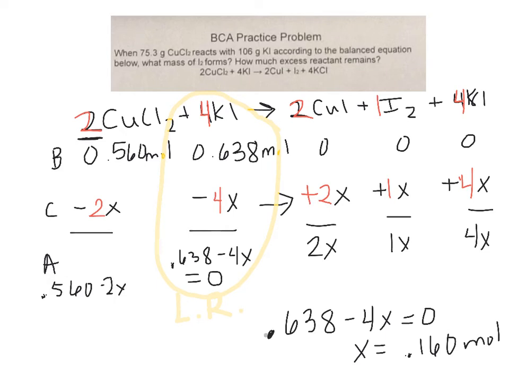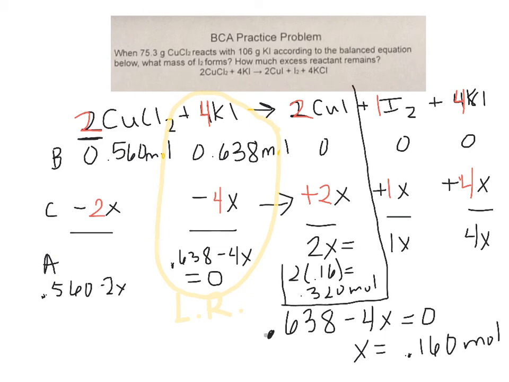All right, so now I have what x is, and from here things get pretty easy. You're going to take that x and put it in everywhere. So, for example, my copper iodide, 2x, multiply 2 times 0.16, and you're going to learn that you have 0.32 moles of that. Things are getting kind of messy here. Try to put a box around it so you can see.